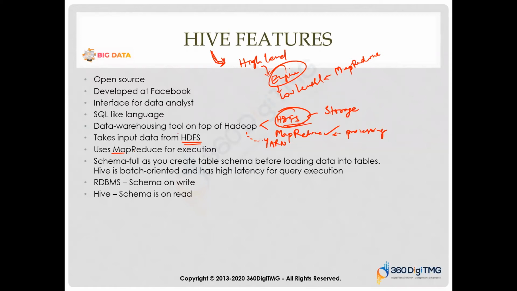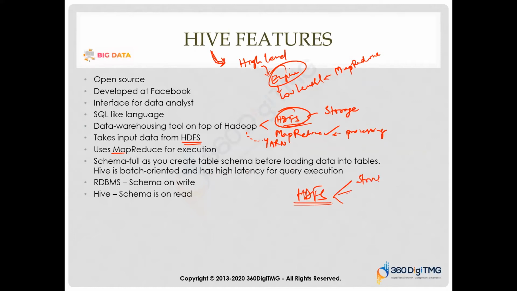It's schema full. As we create a table in Hive, the schemas will get created. We have to create the schema. That means on HDFS, which is a big data storage component, I can have different varieties of data.